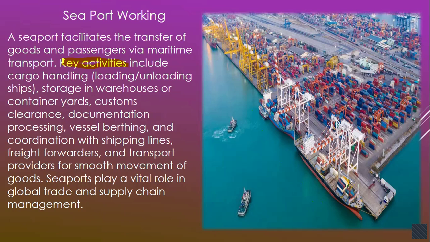These key activities include cargo handling. The seaport handles the cargo. When ships come here, you can see this is the ship. These ships come here and cargoes are unloaded at these locations. These machines automatically pick up the containers from the ship and automatically place containers onto the ship.